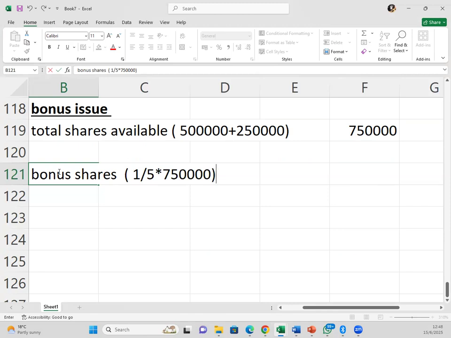Then I said that if the shares are not of a dollar, you can multiply with the par value of each share. So if you are recording the bonus issue, you multiply the ratio times the number of shares that we have, then you multiply with the par value of each share. So this gives us what?